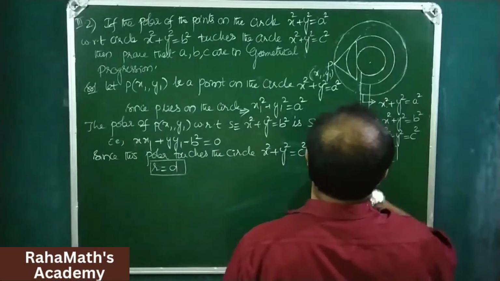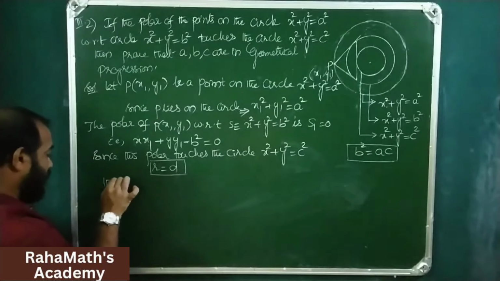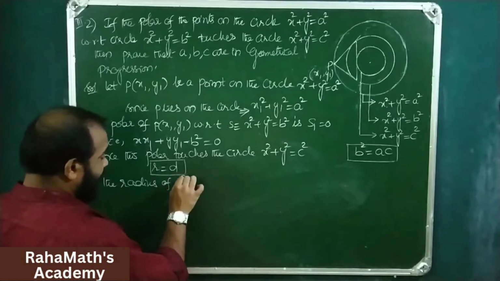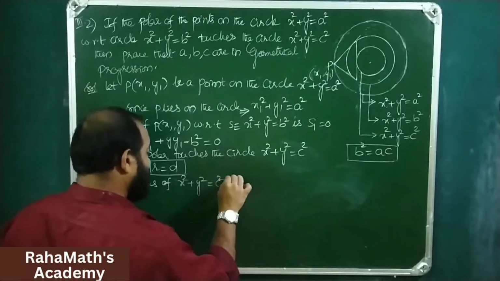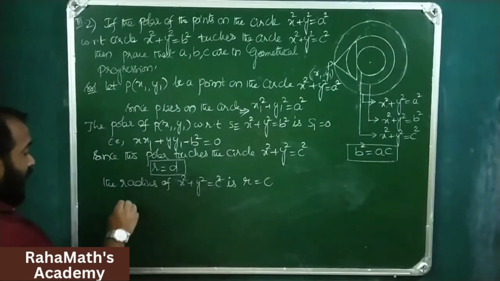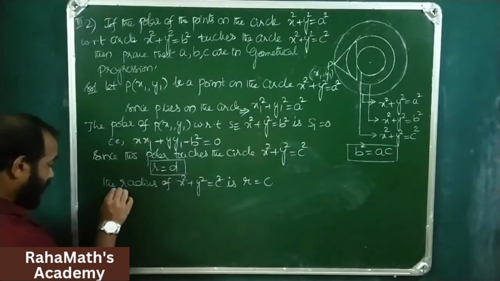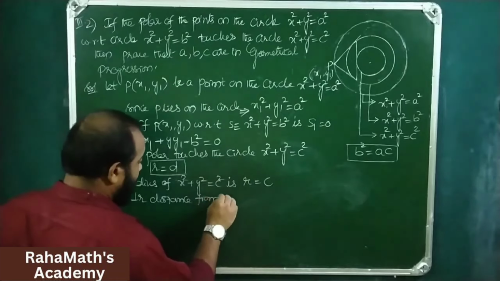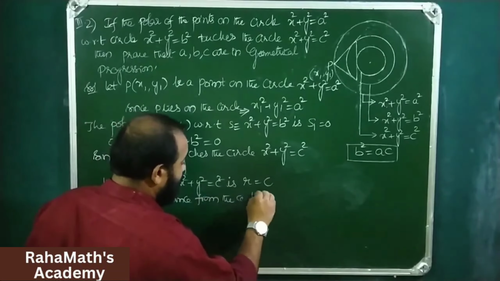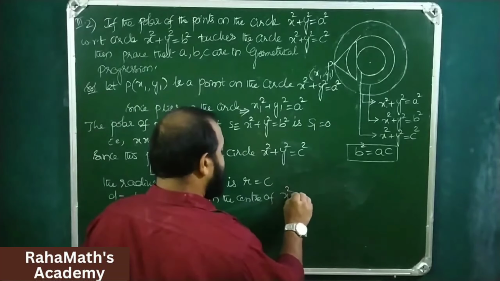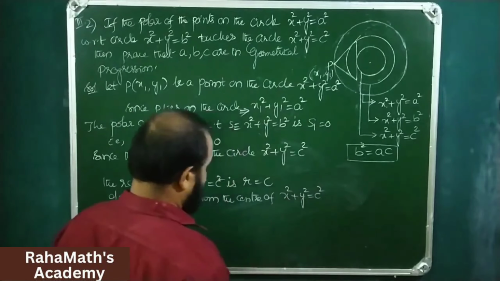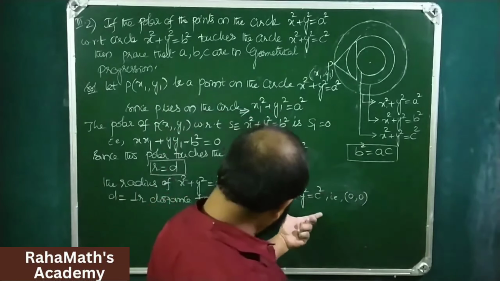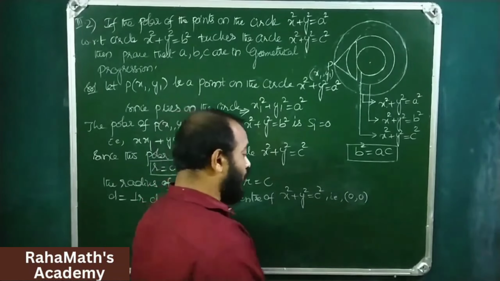So what is the radius of this? The radius of the innermost circle x square plus y square equals c square is R equals C, and D equals the perpendicular distance from the center of x square plus y square equals c square, that is (0, 0), because this is the standard equation of the circle, its center is (0, 0), to the line.